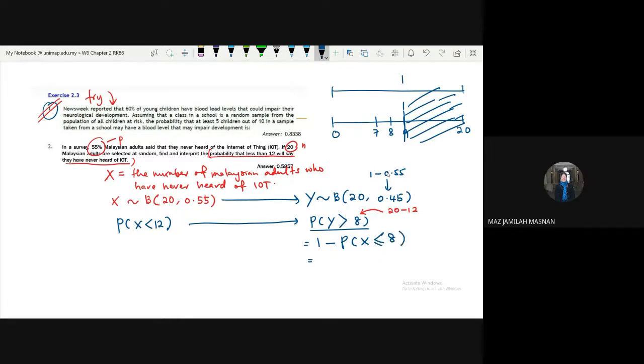So if you refer to your table, can you give me the value by using n = 20, number of trials 20, probability of success 0.45? What is your P(Y less than or equal to 8)? Can someone give me the value?